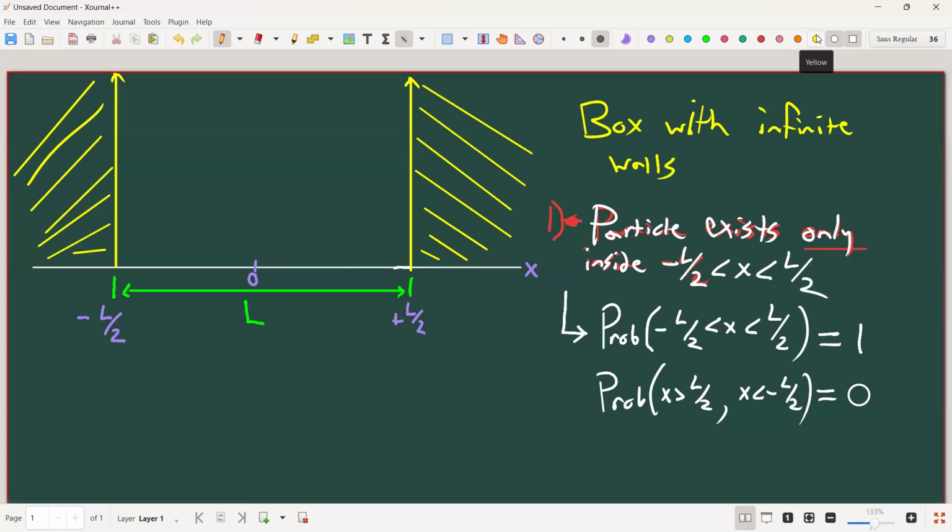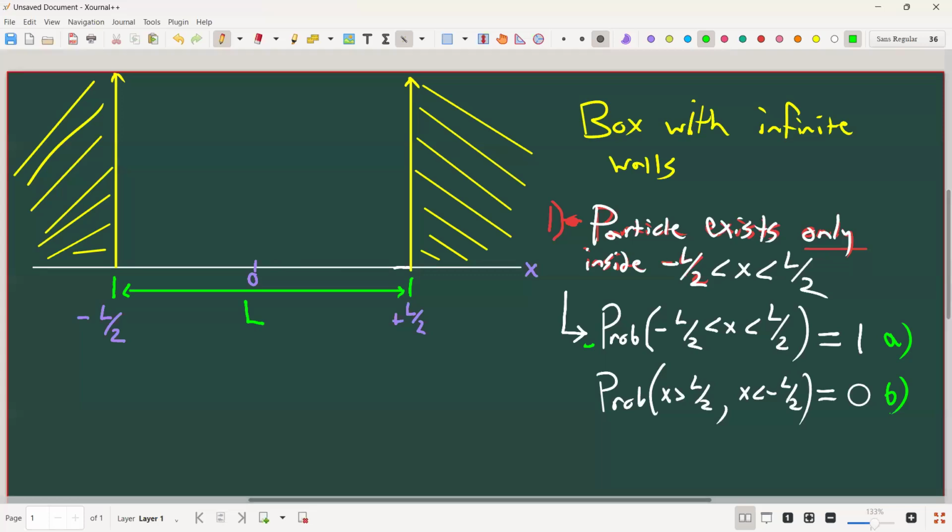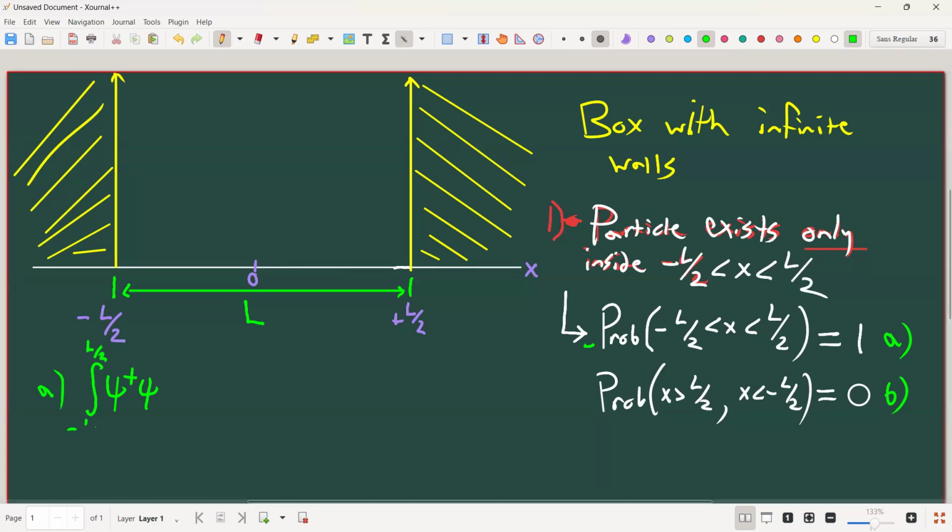Remember that the probabilities are associated with the square of whatever the wave function is. So going back to our definition of probability, let me call this statement A and this statement B. A just implies that the integral of the wave function squared from minus L over 2 to L over 2 dx is equal to 1, whatever that wave function is for us.